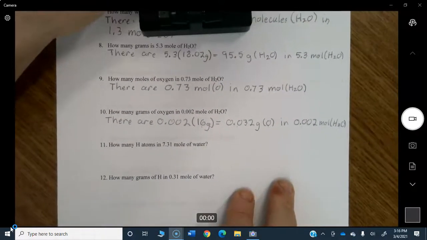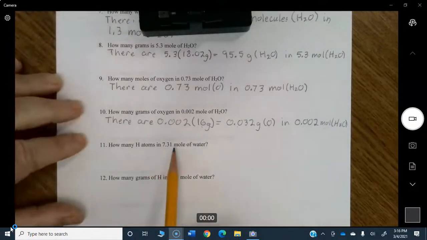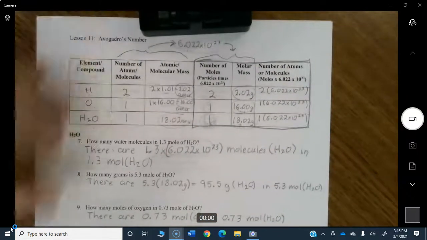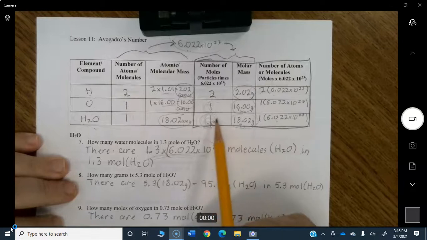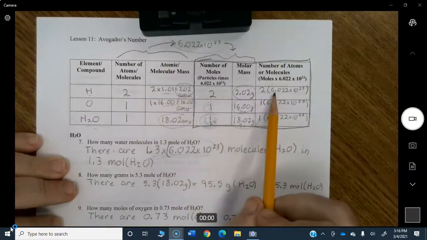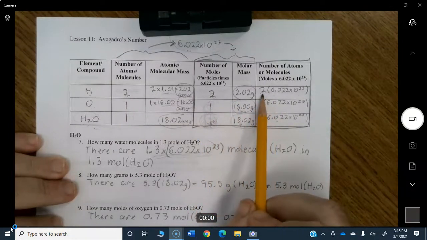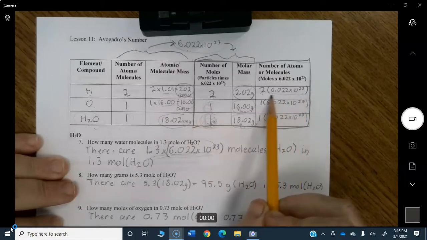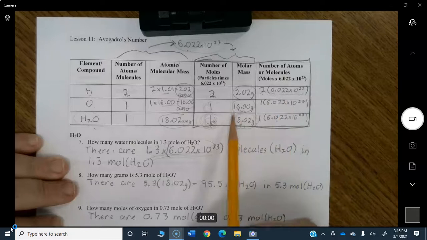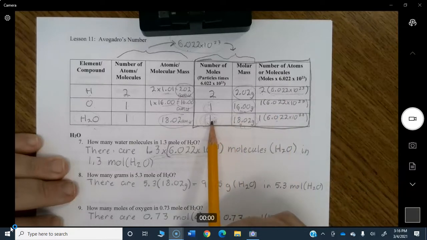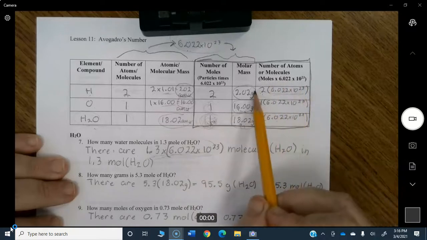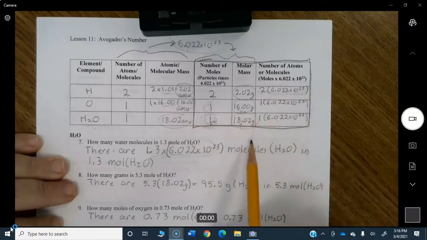Okay, next up, how many hydrogen atoms in 7.31 moles of water? So in 1 mole, there's 2 moles of hydrogen, which means there's 2 times a mole, 6.022 times 10 to the 23rd. If I want 7.31 moles, I'm going to have to multiply this by 7.31, so I'm going to have to multiply this entire thing by 7.31.